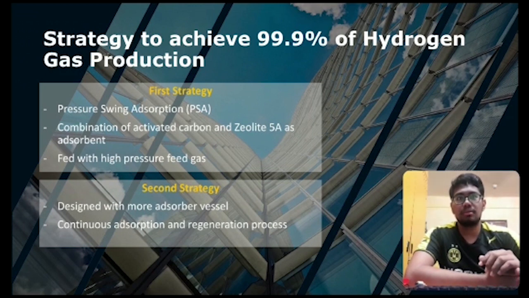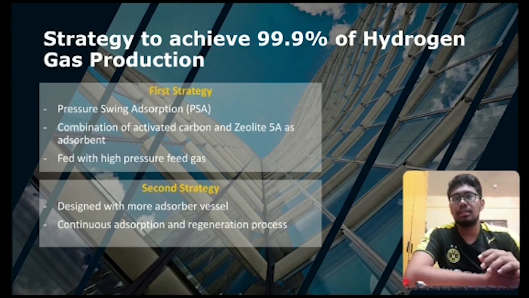PSA operates on the principle that some gaseous components adsorb preferentially to others on highly porous materials. These materials adsorb a larger amount of impurities at high partial pressure than at low partial pressure. Thus, the column is fed with high pressure feed gas.